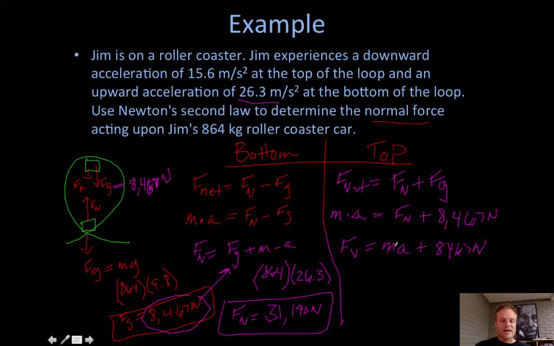If you plug in the mass of the car, which is 864 kilograms, and the acceleration, which this time is a little different, since at the top of the loop it has decelerated, it's now 15.6 meters per second squared. So it isn't as quick as it was at the bottom. If you plug those numbers in, you would get a normal force of 5,011 newtons.